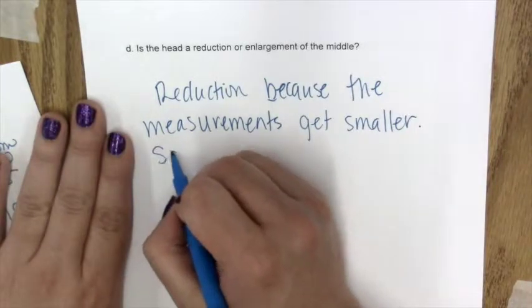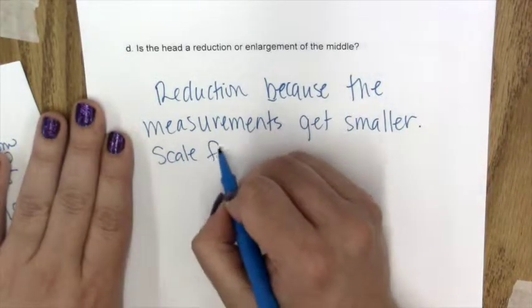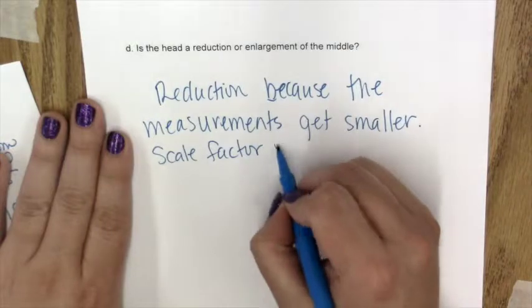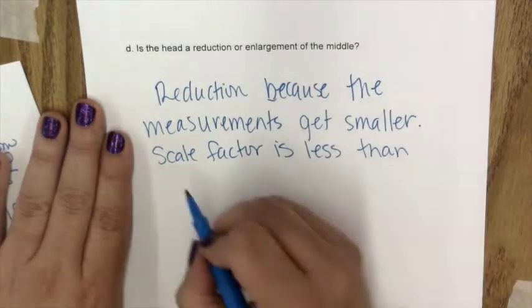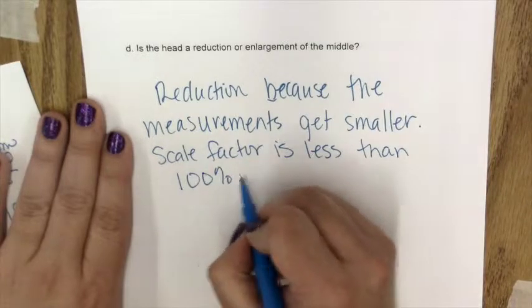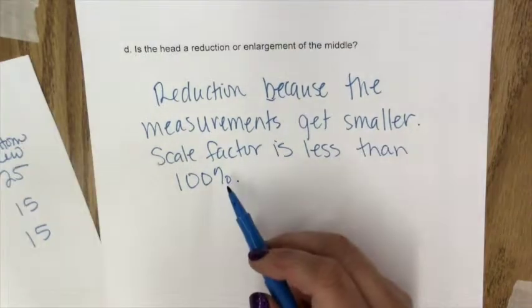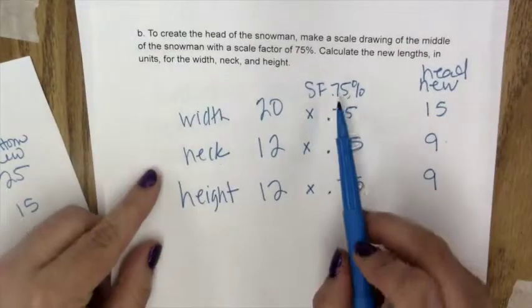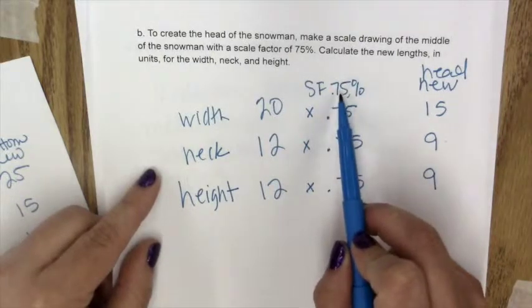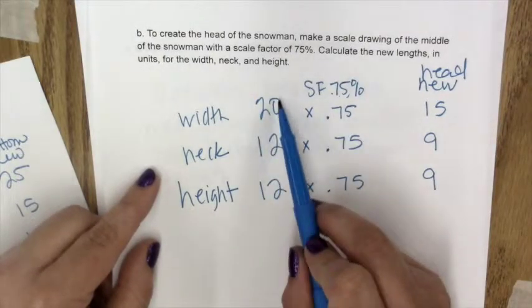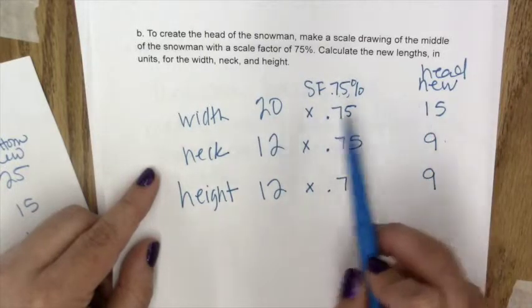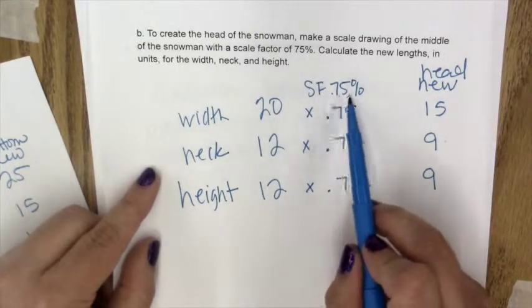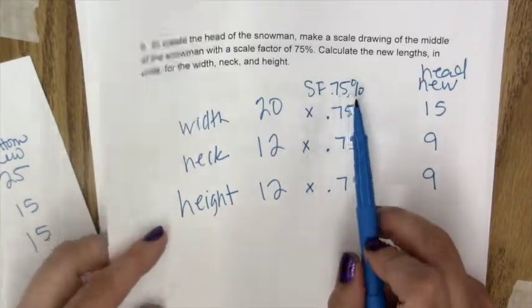We can also say that our scale factor is less than 100%. When we have a scale factor that's less than 100%, as we did to find our head measurements, this means we're not taking the entire measurement, we're only taking part of it, so that number gets smaller. So anytime that scale factor is less than 100%, we're going to have a reduction.